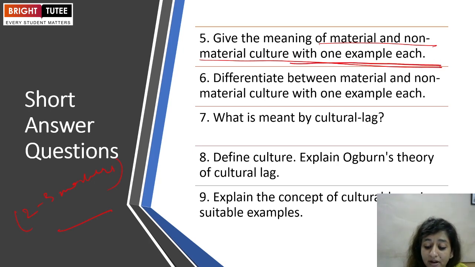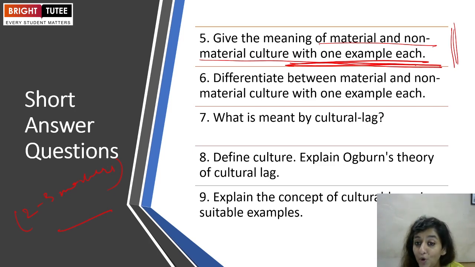Plus, they have very clearly written with one example each. Please, while you are attempting the questions, keep a check on what the question has asked for. Do not forget, because we as educators are very sure of what we have asked, and we want the answers that way. Then they have asked you to differentiate between material and non-material culture with one example each.